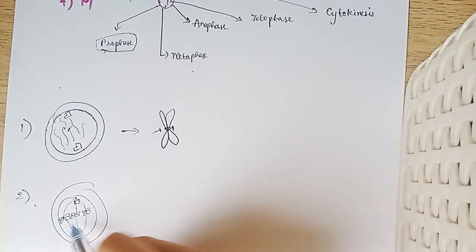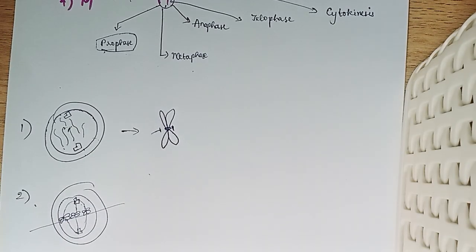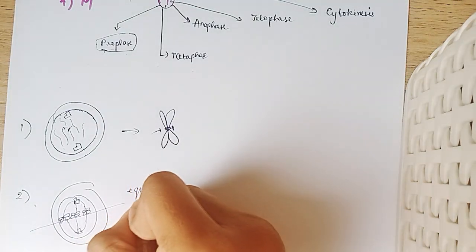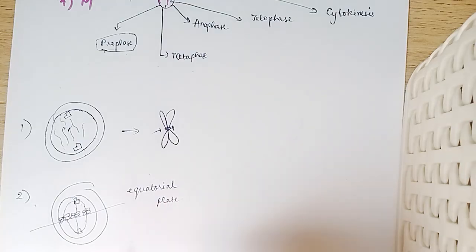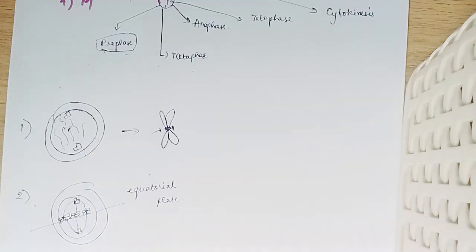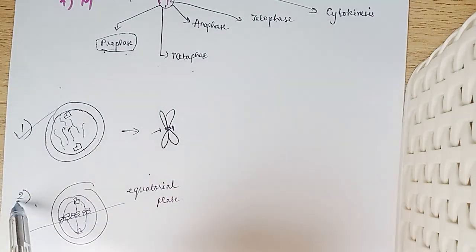Let's take it as the equator of the cell. So they come and align at the equator of the cell, which is also called the equatorial plate. So that is metaphase. So we did prophase, we did metaphase.